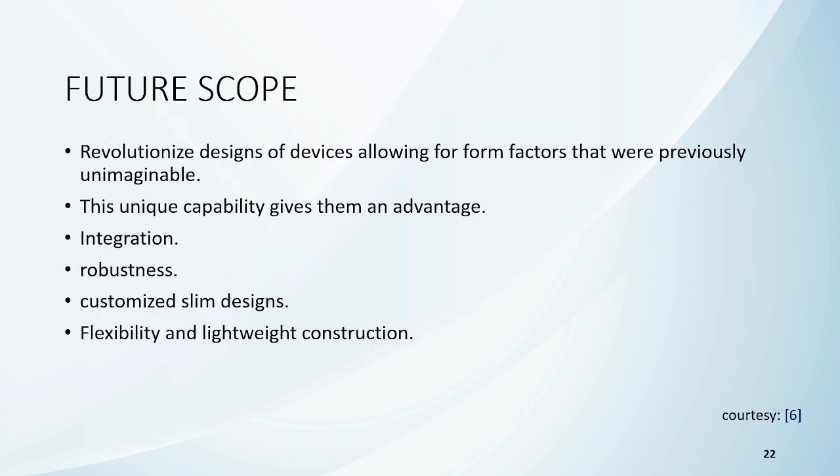Future scope. Flexible electronics have revolutionized the design of devices, allowing for form factors that were previously unimaginable. This unique capability gives them an advantage in the field of healthcare. Flexible and printed electronics offer advantages such as integration, robustness, customized slim designs, flexibility, and lightweight construction.